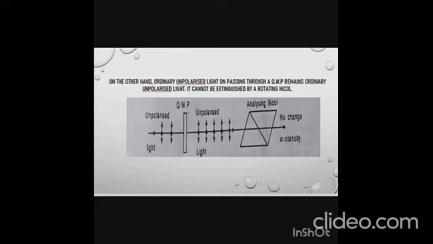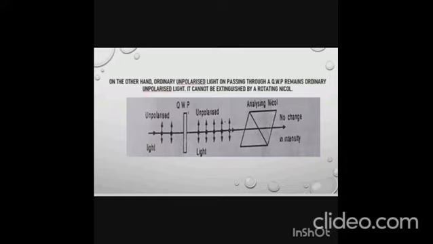A parallel beam of monochromatic plane polarized light is allowed to fall normally on a quarter wave plate such that the vibrations of the incident plane polarized light make an angle of 45 degrees with the optical axis of the plate.